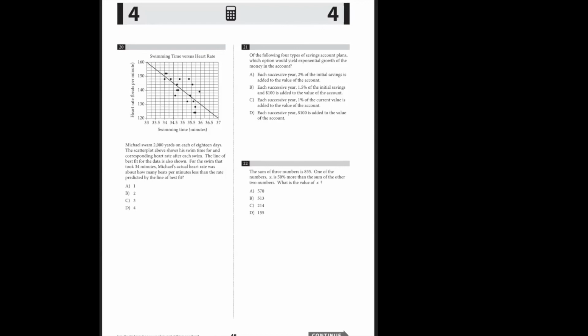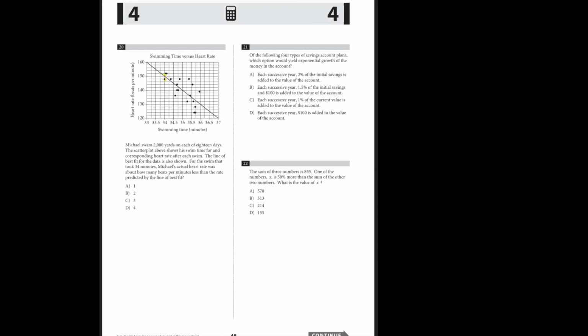So important thing to know about scatter plots, the actual values are the points. The line is your predicted value. The line is kind of just like an estimate of where it would lie if it was like an average of everything. So for 34 minutes, it's like right over here. I see that the actual one is over there, and then the line is over here.